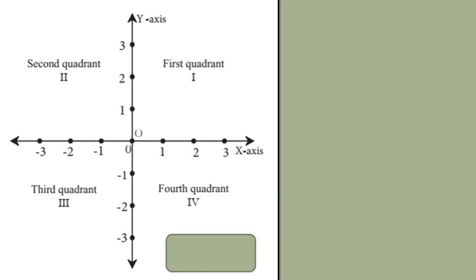Suppose we want to locate the position of any object in the plane, we need to find the coordinates of different points of that object. So here we need to locate different points in the plane.